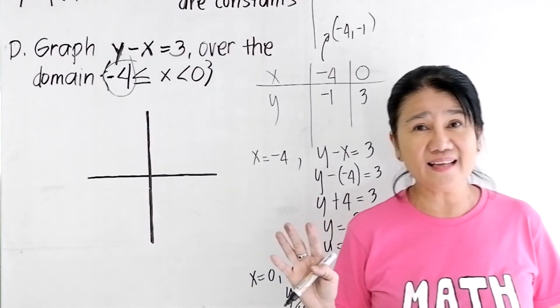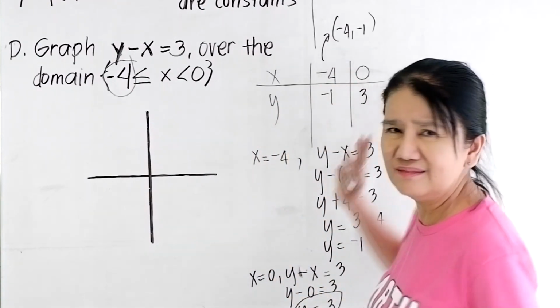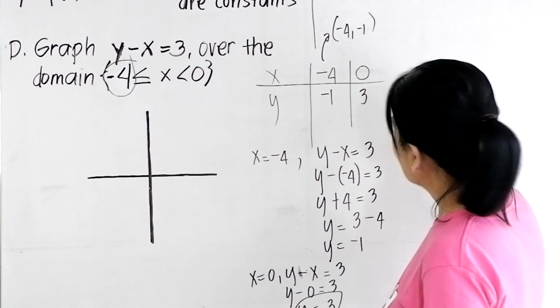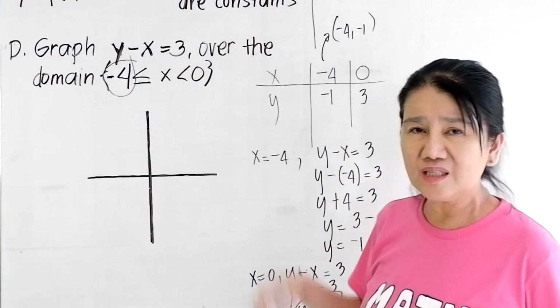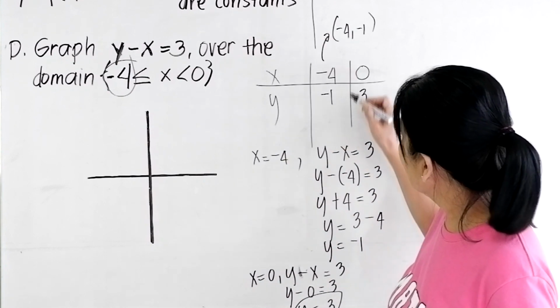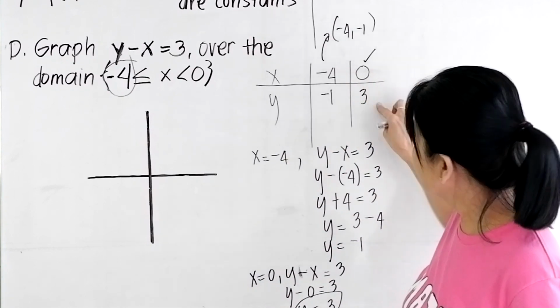We learned that 2 points determine a line. So you don't need the other ordered pairs here. But if you want to, it's okay. You will get the same line. Now let's plot this. 1 first, 0, 3.